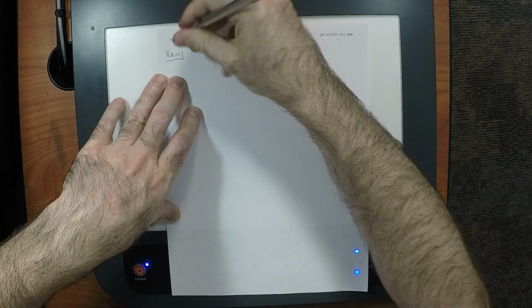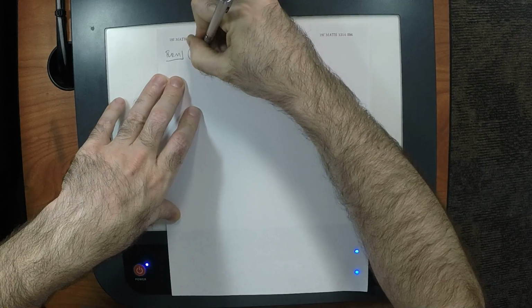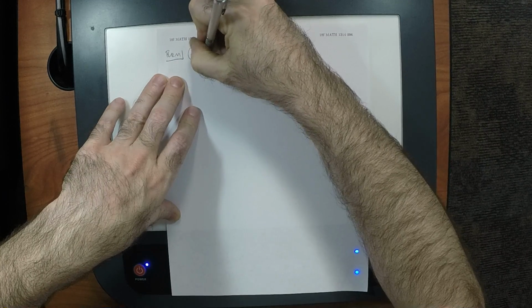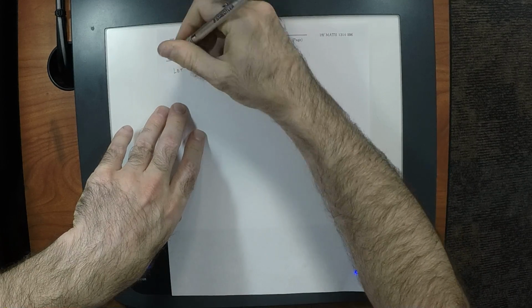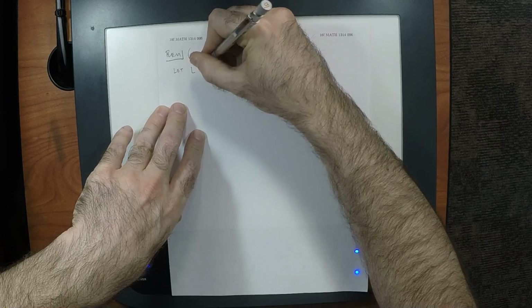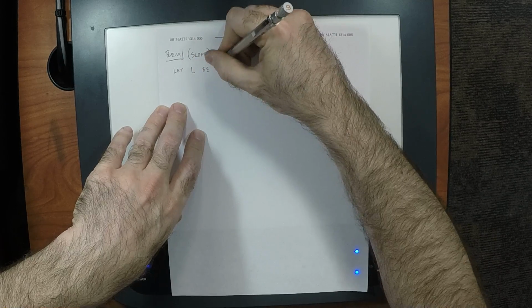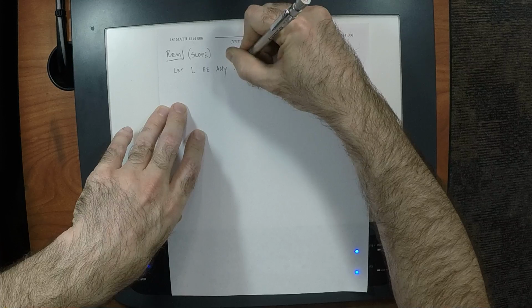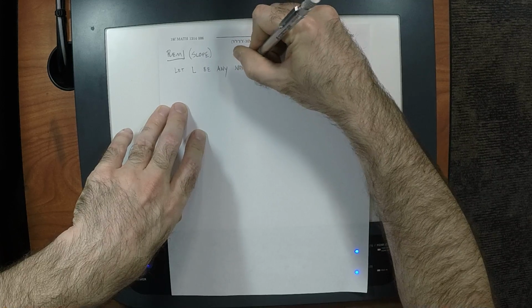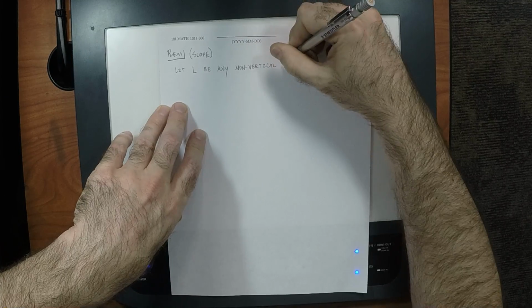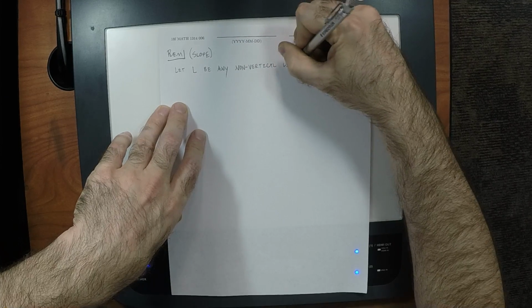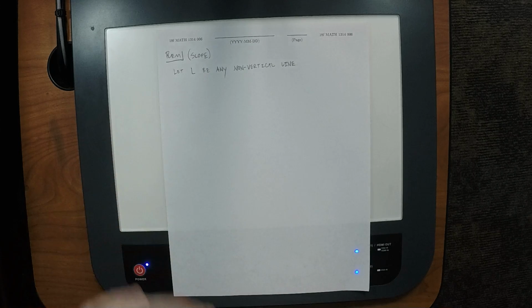we have this concept called slope. So I could say let L be any non-vertical line. That means that it's fine for it to be the horizontal variety or the sloped variety.